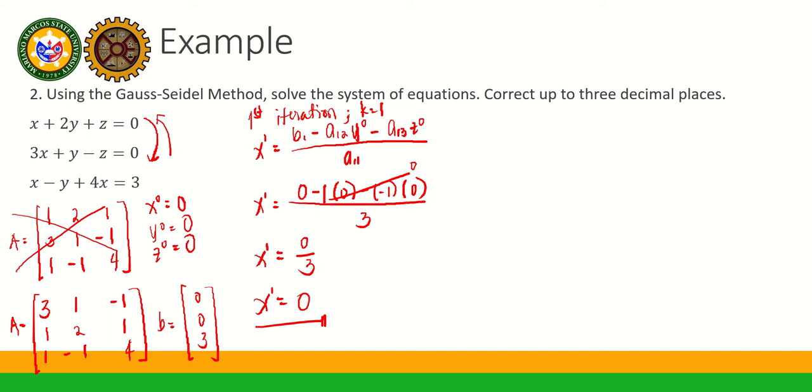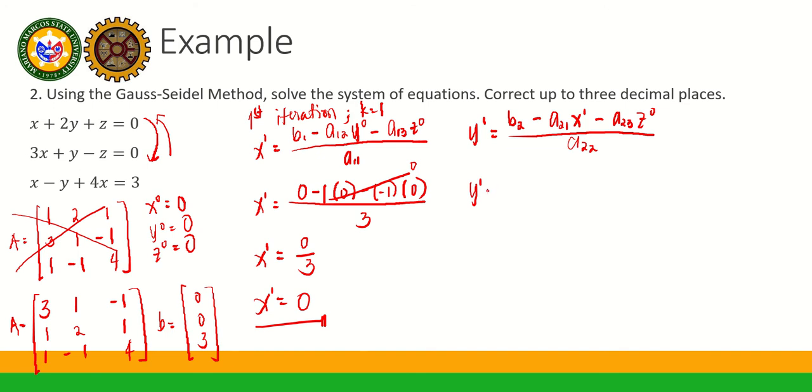Okay? So now let us continue to solve for y raised to 1, since x, y, z are our variables. So, y raised to 1 is equal to b sub 2 minus a21 times x raised to 1 minus a23 times z raised to 0, all over a22.